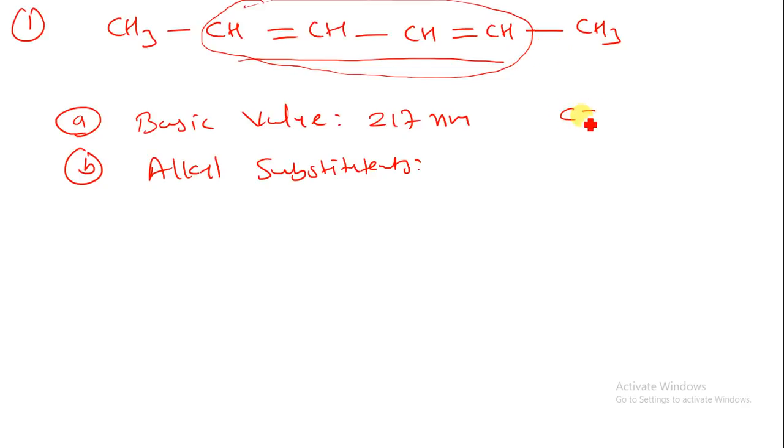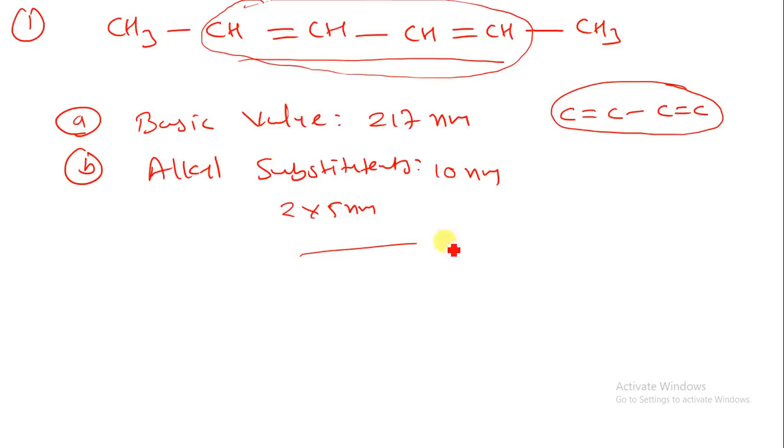If any substituent is present on this chain, on these carbon atoms, you have to consider it as a substituent. As we know, we have to add 5 nanometer for each alkyl substituent. There are 2 alkyl substituents, so I add 2 into 5 nanometer, that is 10 nanometer. So what will be the lambda maximum? It is 227 nanometer for this structure.